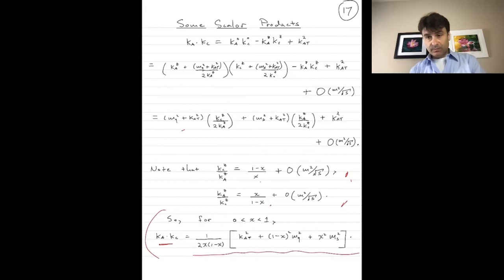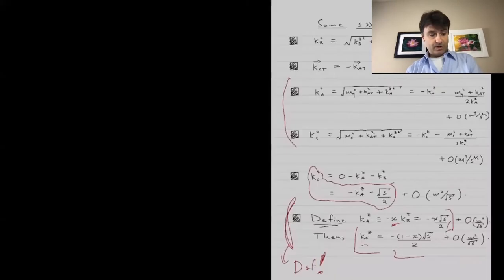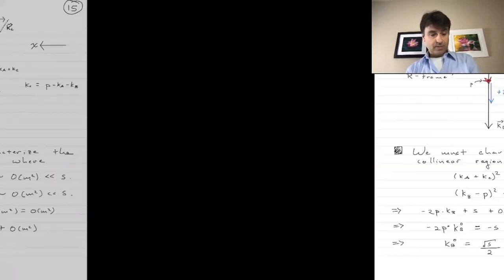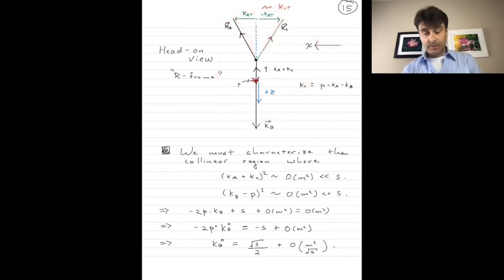Now, if we consider a fixed region of x somewhere between 0 and 1, so that we're really looking at a collinear type of configuration, then what we really need to do to stay in the collimated jet type of configuration is for Kat squared to be small. And that, of course, makes perfect sense if we look at the diagram that we drew back here. These two need to be aligned with one another.